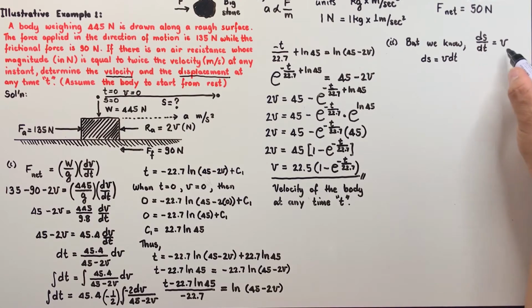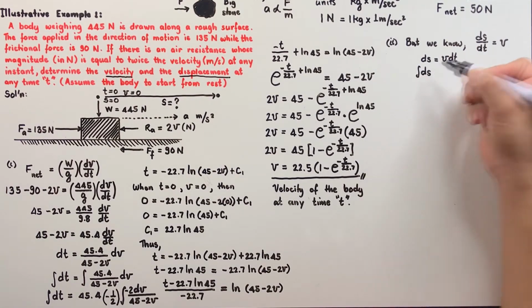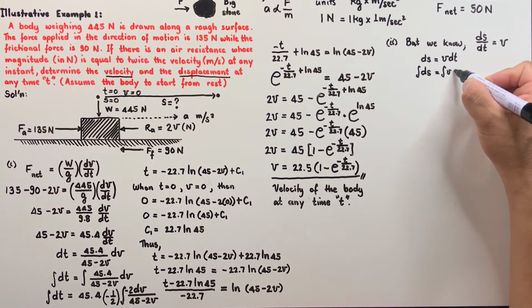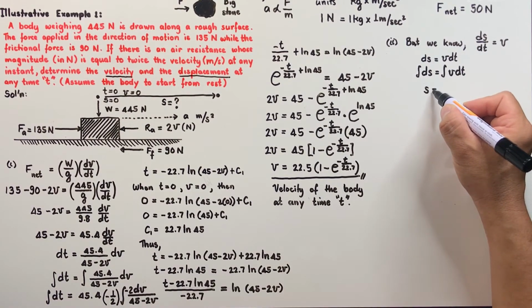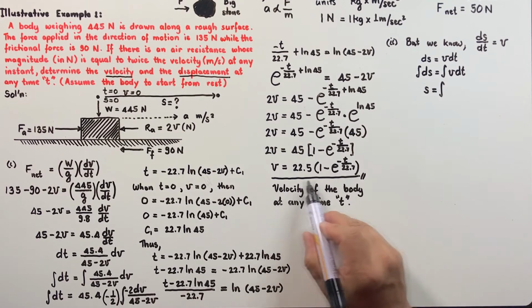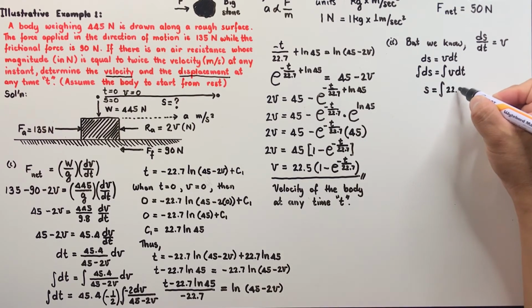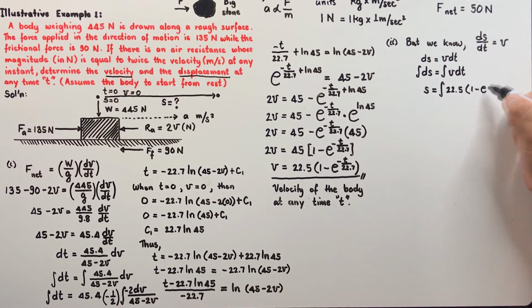Taking the integral of both sides, we have s equal to the integral of v dt. And we know our v, so we just substitute it here: 22.5 times 1 minus e to the power of negative t over 22.7 dt.